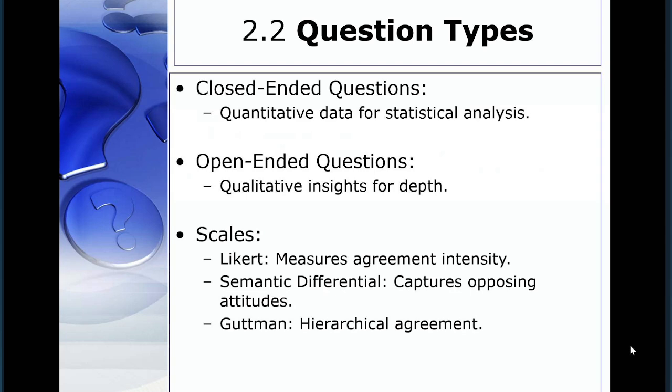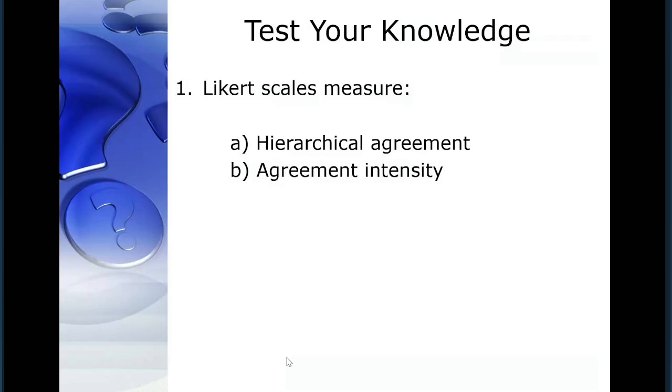For example, a Likert scale question like, I am loyal to this brand, on a scale of 1, that is strongly disagree, to 5, that is strongly agree, offers clear data on loyalty intensity. So the Likert scale measures hierarchical agreement or agreement intensity? It is agreement intensity.